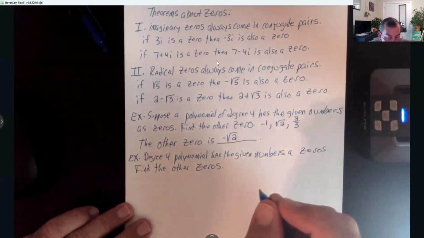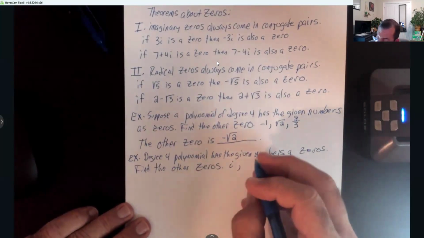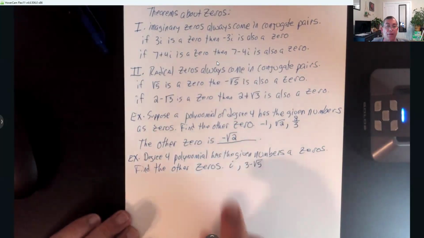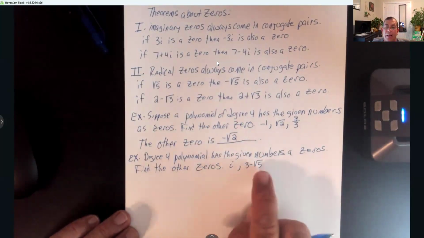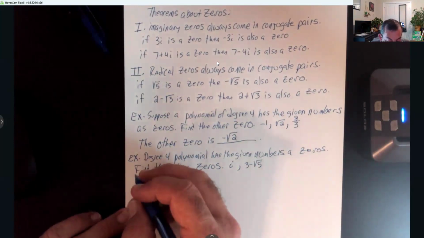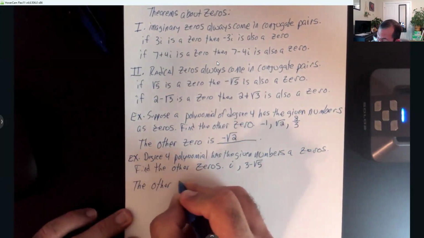So what are they giving us? They're giving us i and 3 minus square root of 5. Now this is just 2 numbers, i and then a 3 minus square root of 5. So the other zeros are blank.